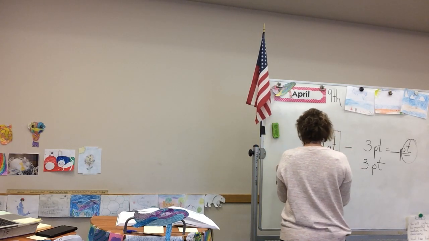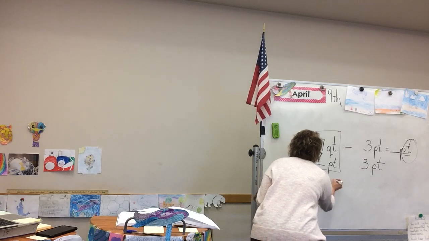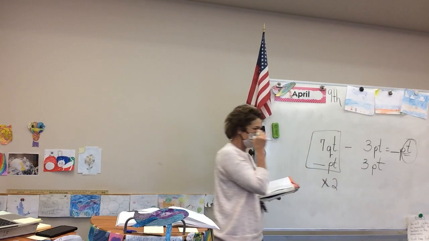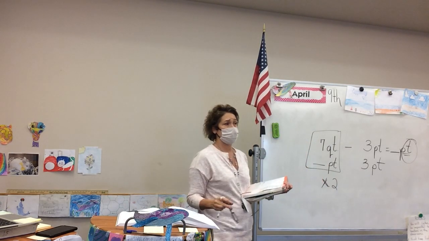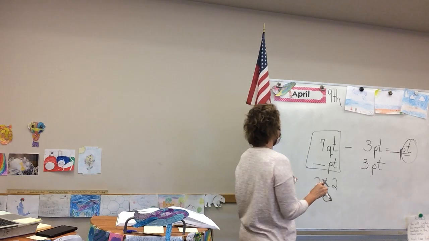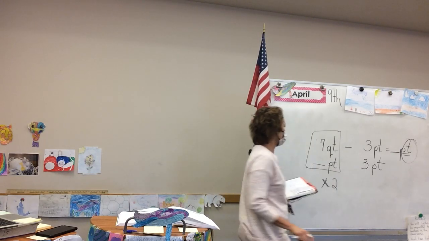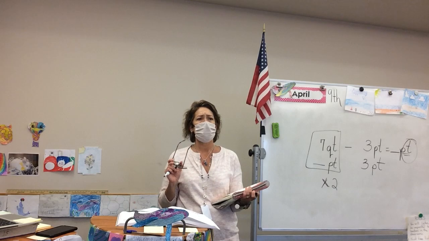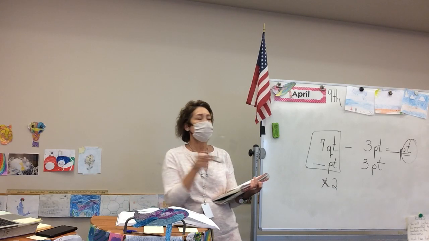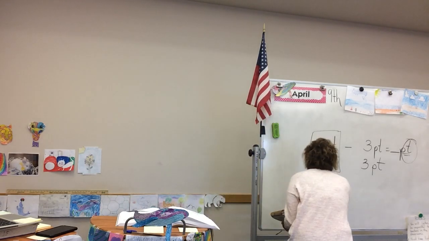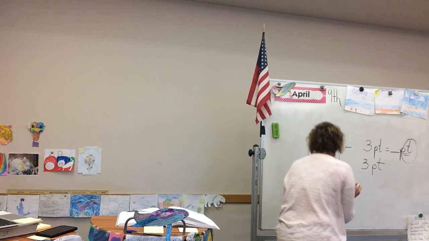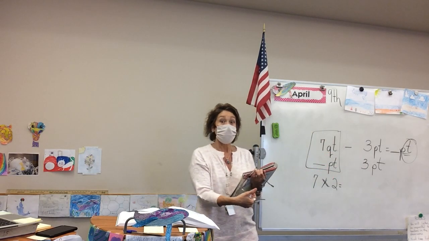So what are we going to multiply? We know we're multiplying. We know we have a 2 involved. What are we going to multiply the 2 with? Tessa? Yes. Beautiful. 7 times 2 equals what, Tessa? 14.